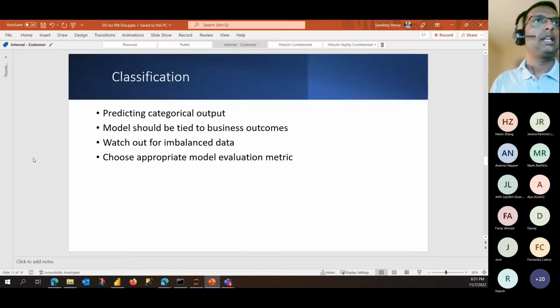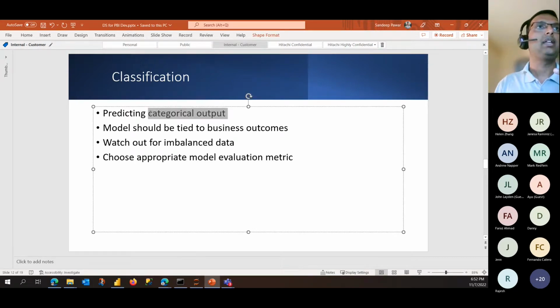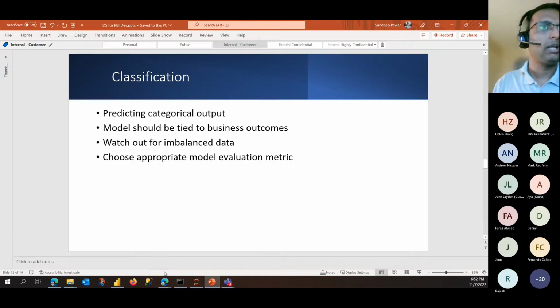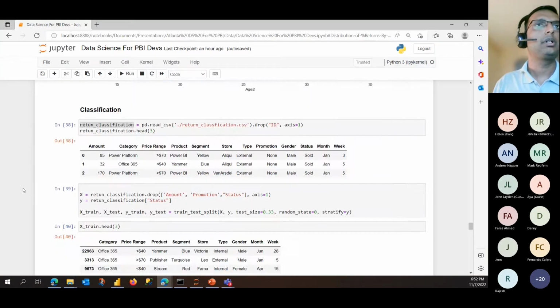But the next one that I want to talk about is classification. First we talked about regression, meaning you want to predict or find an association of a numerical variable. Classification is predicting a categorical output. What I mean by categorical output is, let me go back to this again.